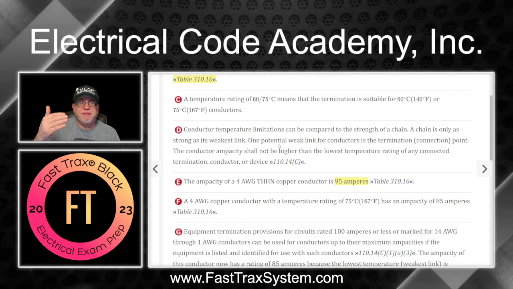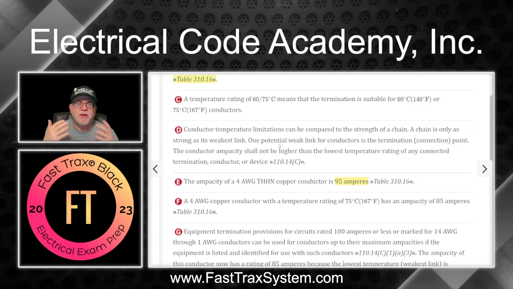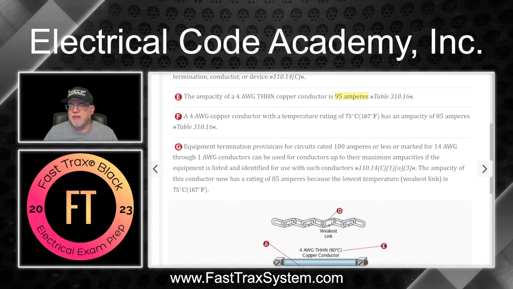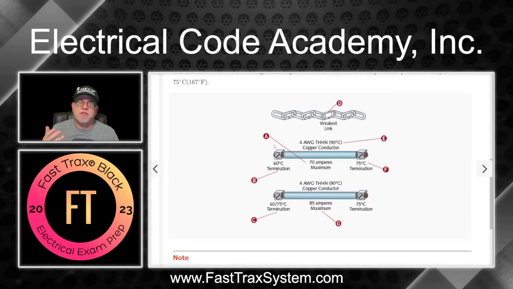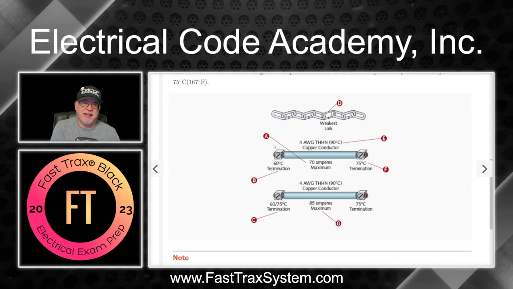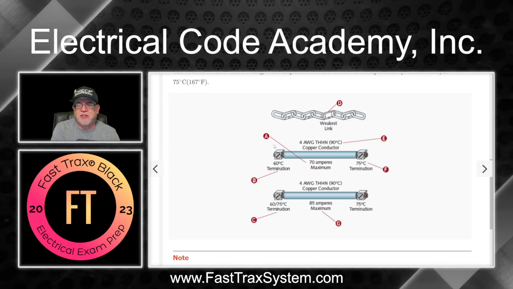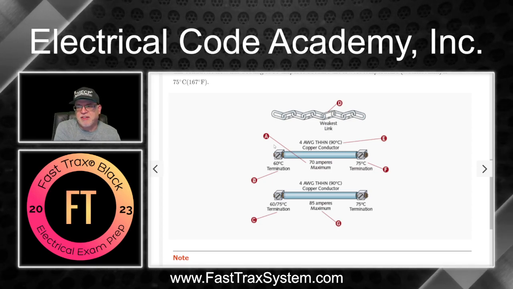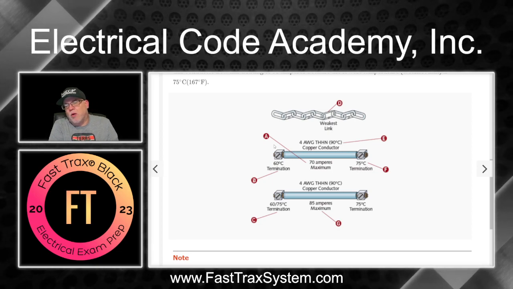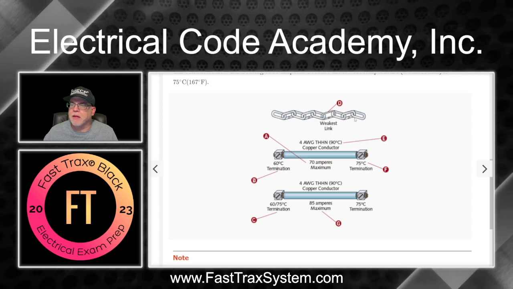It can run indefinitely and never have an issue. The problem is we always have to look at our terminations and see if that's our weakest component in the situation. And it's very rare to have a 90-degree lug on an actual device. I'm not saying it's impossible, but circuit breakers, things like that, typically are going to be 60/75. And it's just one of those things that you've got to get familiar with as you're working into the trade.